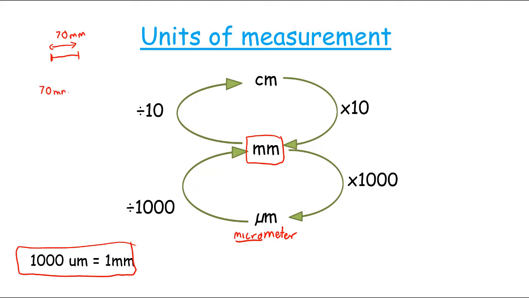Part of the question might be that I convert that into micrometers, so I'd have to times that by 1000. So it would be 70,000 micrometers. Now, I'll show you examples of that later on, but this is the important bit that we are taking away from this part. 1000 micrometers is equal to 1 millimeter.